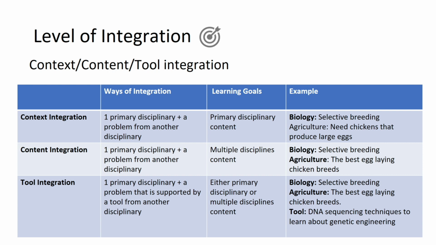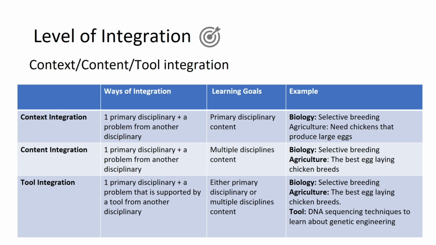To give you examples, here we highlight the emphasized disciplines. In biology, if you're doing context integration, you are teaching selective breeding, and you can use agriculture as a context. For example, needing chickens that produce large eggs is your context to teach the biology concept, selective breeding.